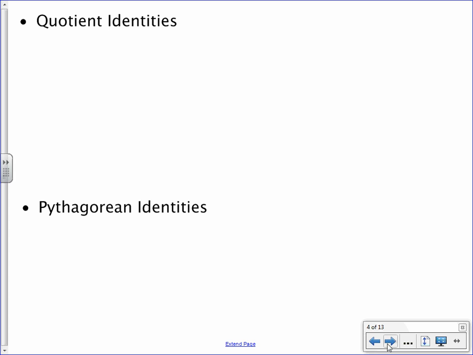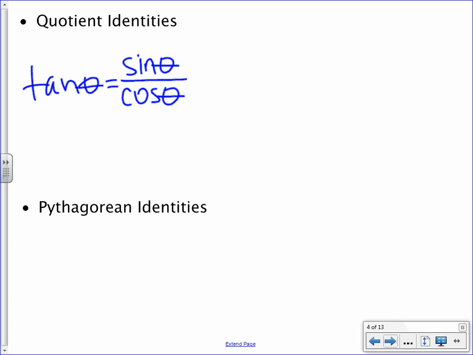Tangent. And what quotient do we use for tangent? For our unit circle, we use y over x. We know y represented the sine, and x represented the cosine. So the tangent is really sine over cosine. Which means, in turn, what's the cotangent? Cosine over sine.